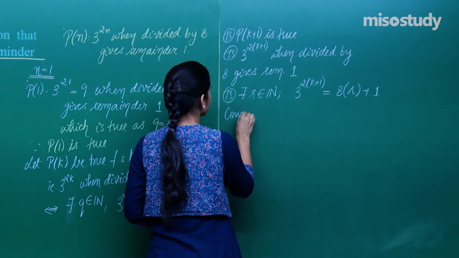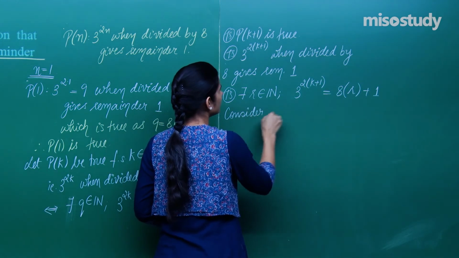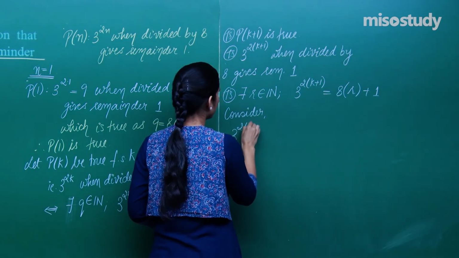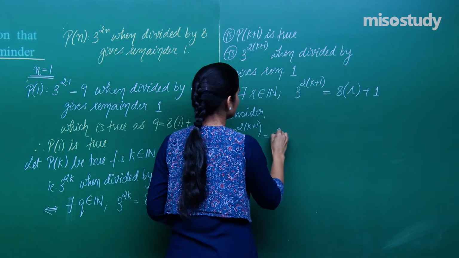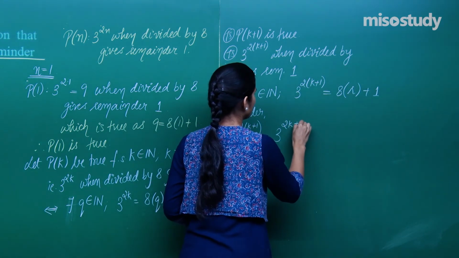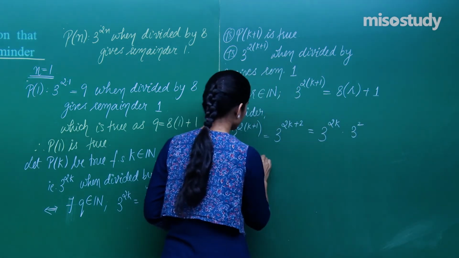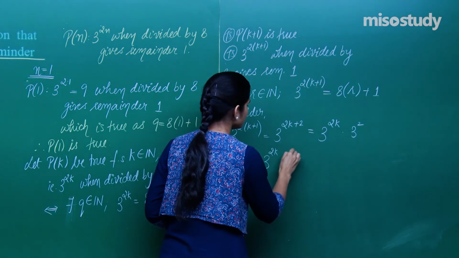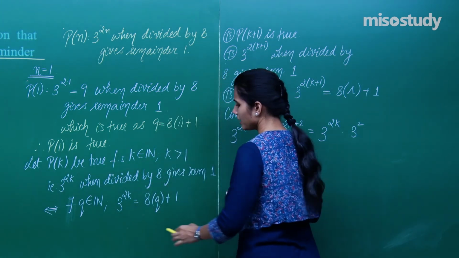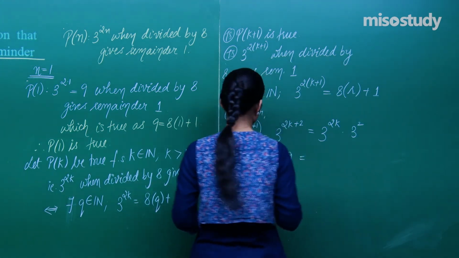So consider this 3 to the power 2 into k plus 1, which is 3 to the power 2k plus 2, which is 3 to the power 2k into 3 square, 3 to the power 2k into 9. But 3 to the power 2k is given as 8q plus 1.